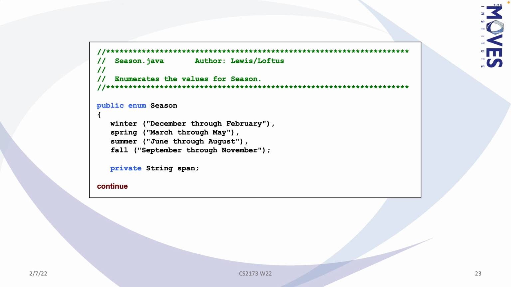Here, in their season example, they said, in addition to season, we're going to have a string that says what months this season has. So instead of just plain old winter, we now have winter and then give it a string.